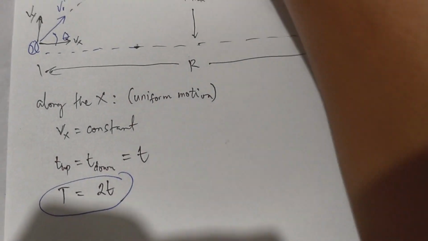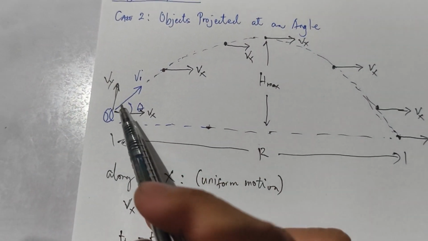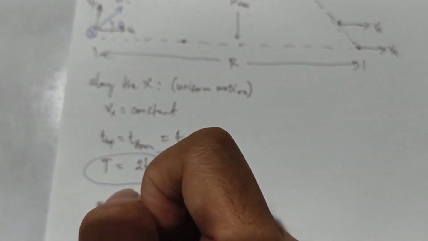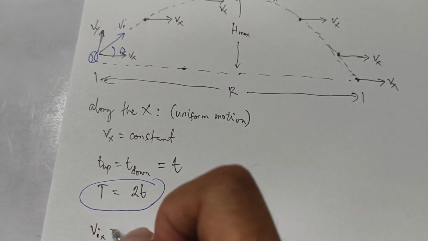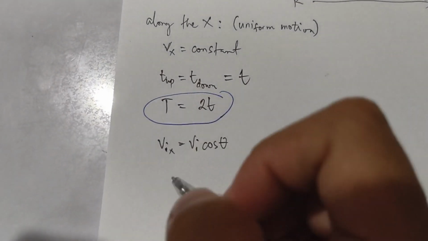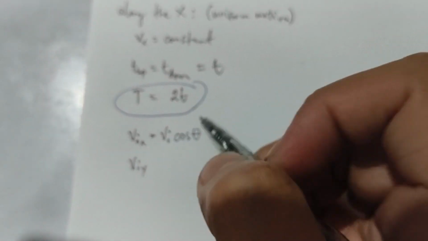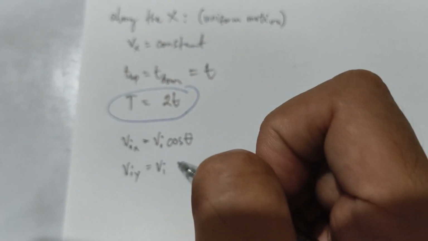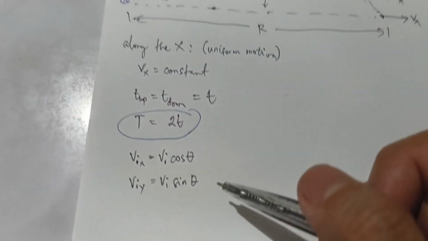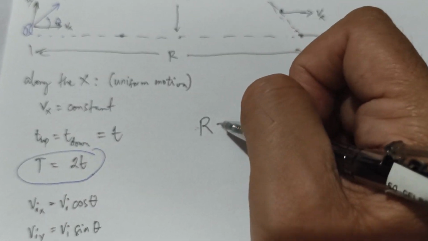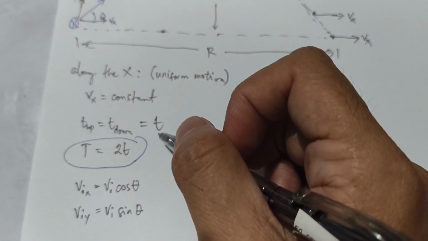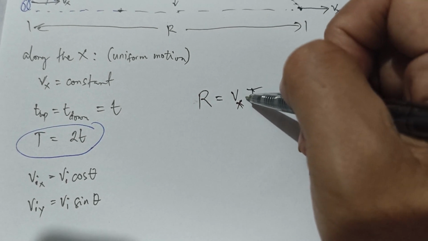Alright? So, next, since meron itong initial velocity ay merong x and y component, okay, establish muna natin. The v initial x is equal to v initial cosine theta. And the v initial y, or the initial velocity along y, is vi sine theta. So, kung naalala nyo pa yung topic natin sa vectors, ganito yon, di ba? Therefore, the horizontal distance can be computed using Vx times, instead of t na maliit, I will use total time, yung malaki.